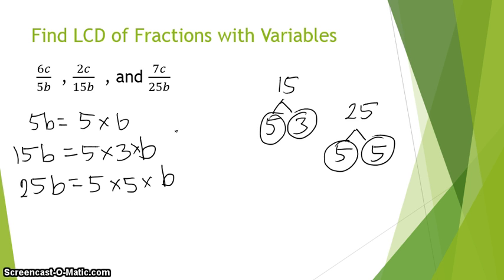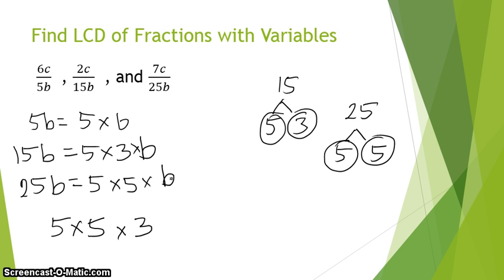Now I'm going to use the same exact method that I used last time, and see in which denominator the factors appear the most, and that's what I'm going to use. The 5 appears once here, but twice here, so I'm going to use 5 twice. Then 3 appears once here, none here, and none here, so I'm going to use 3 once.